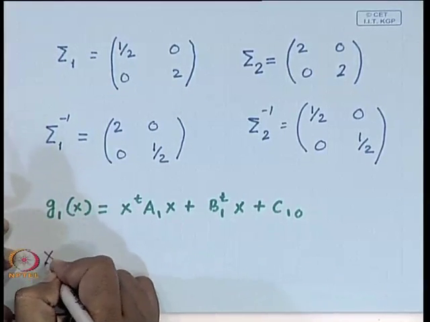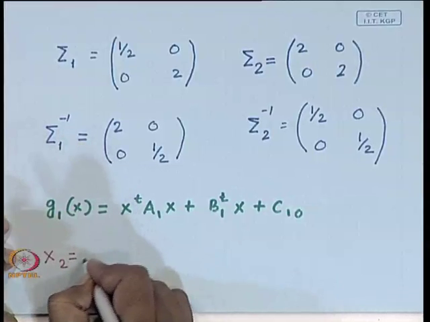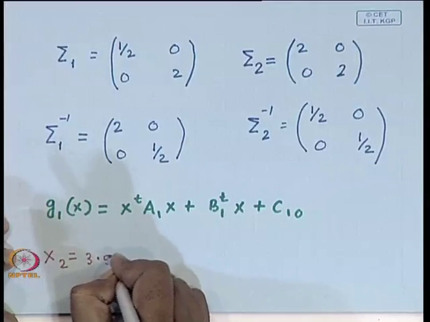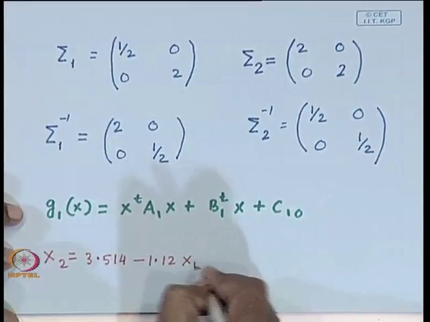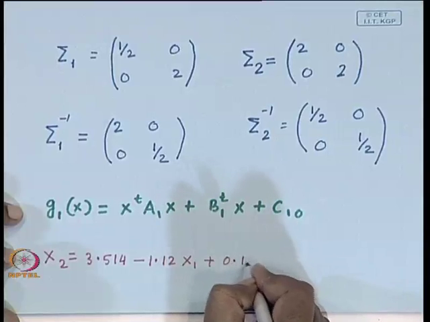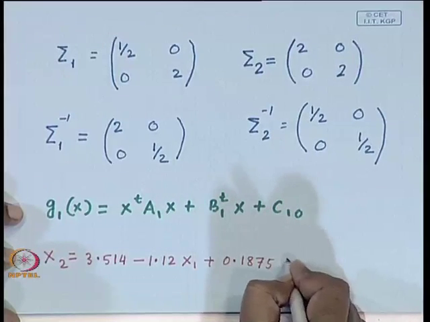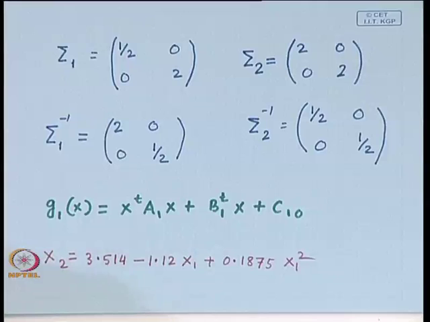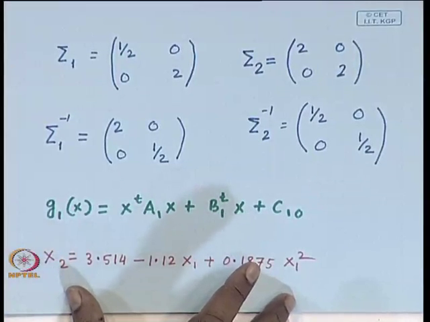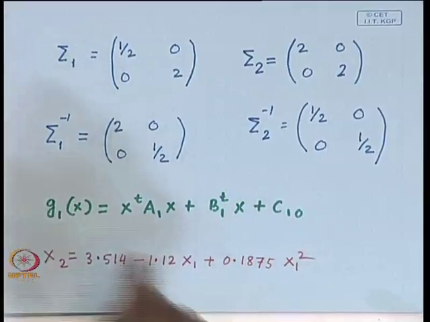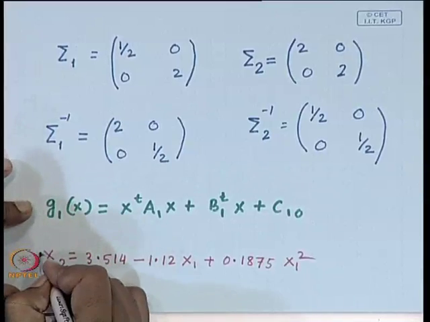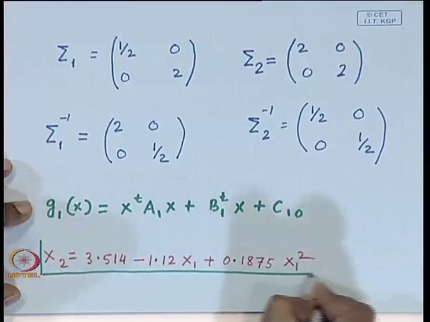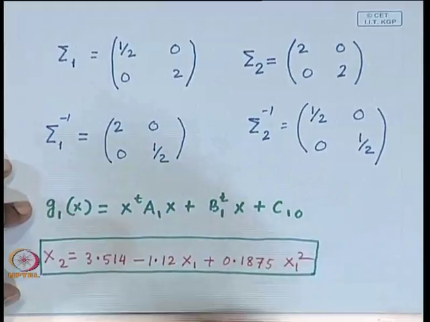The final decision surface will come out to be x 2 is equal to 3.514 minus 1.12 x 1 plus 0.1875 x 1 square. So, you find that the decision surface is really a quadratic. In this case, it is a curve, because we are in 2-dimensional space.